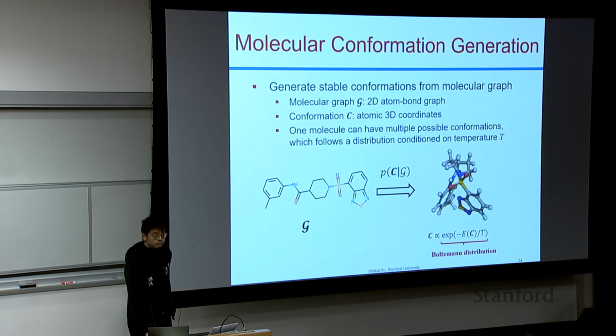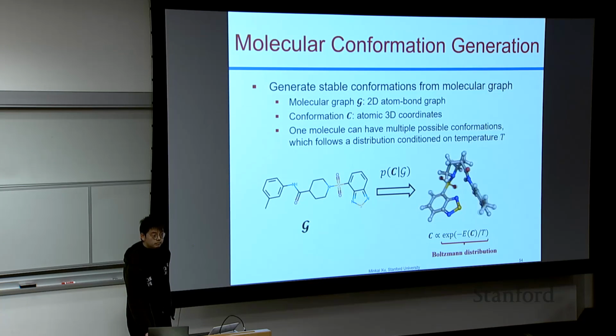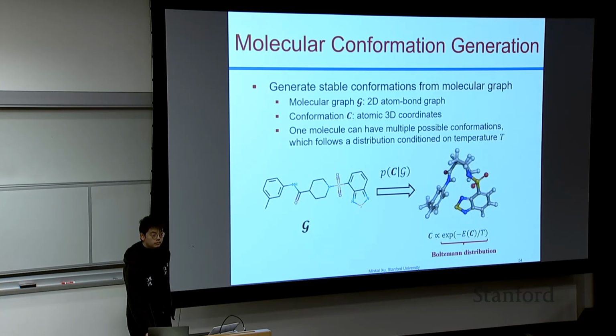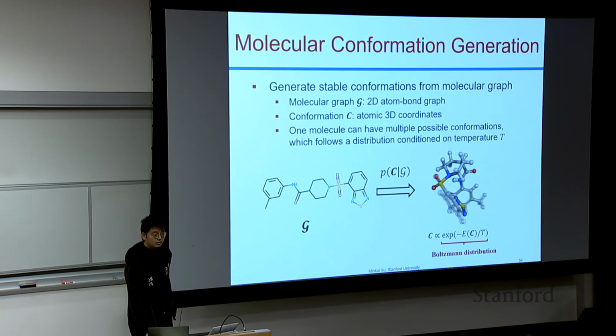Why does the molecular graph have to be 2D? Can you have crossover bonds? Since the molecular graph G is 2D, why does it have to be 2D? You can have crossover bonds.